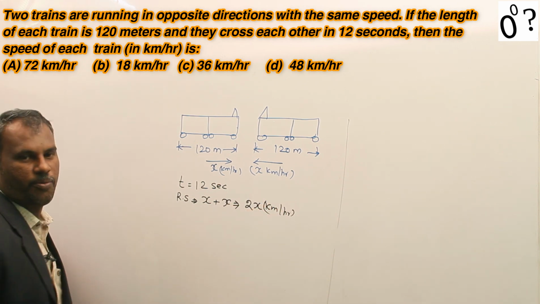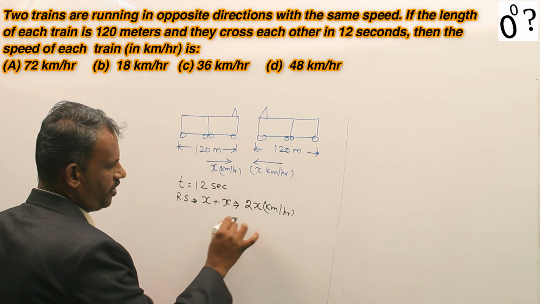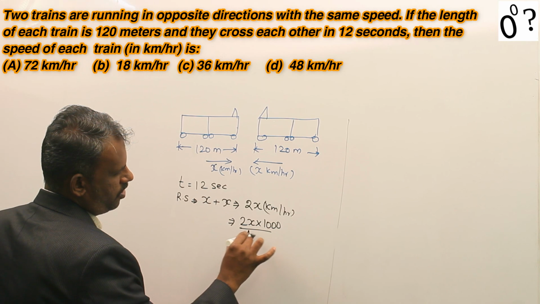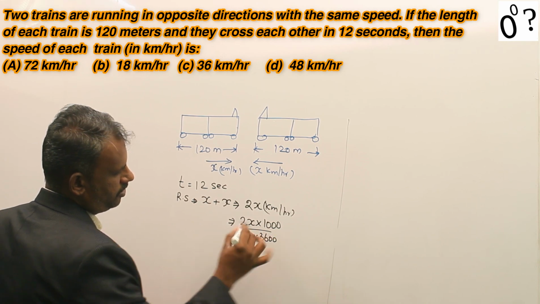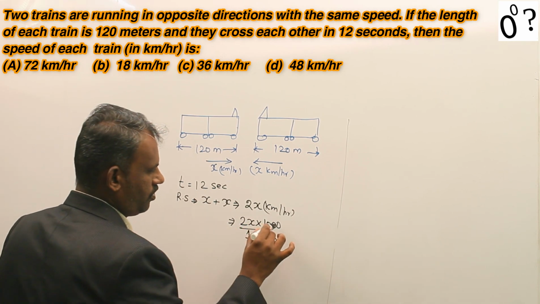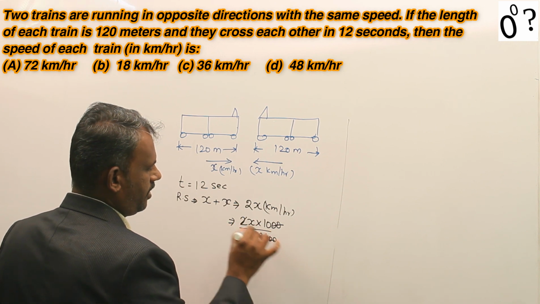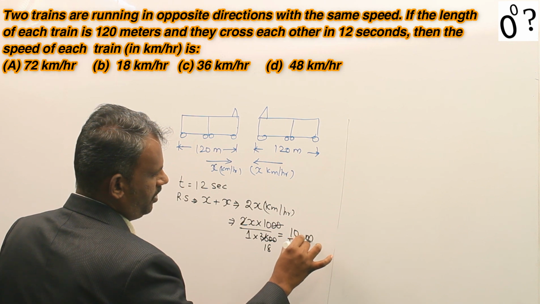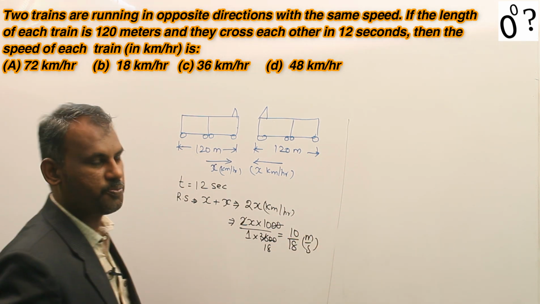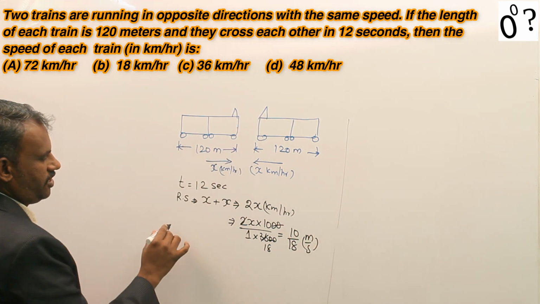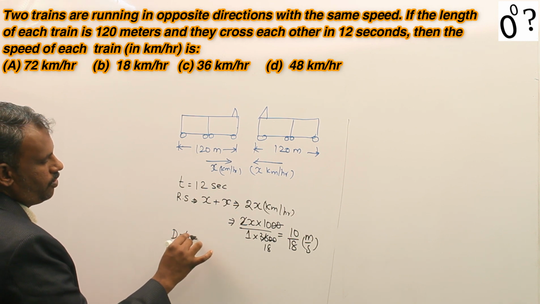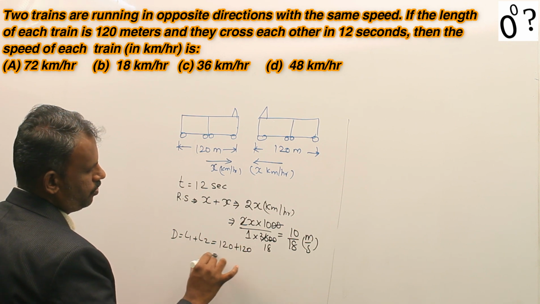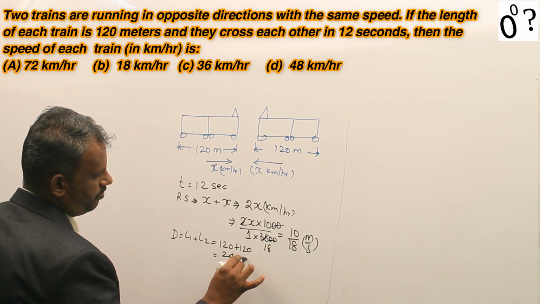If we convert this kilometer per hour into meter per second, we multiply this 2x into 1000 divided by 1 hour, which is equal to 1 into 3600 seconds. So if we cancel this 2 and here 18, we get 10x divided by 18 meter per second. This is the speed, and the distance equals L1 plus L2, which is equal to 120 plus 120, which is equal to 240 meter.